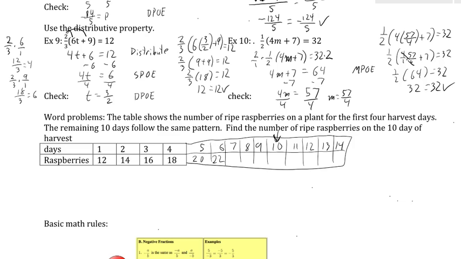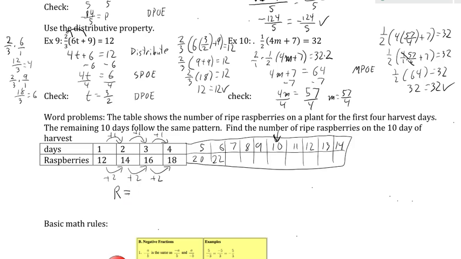We have good algebra skills, so we can see that it's plus 2 each time. We don't need to keep counting like that. We can instead use our wonderful algebra to say, well, the days and the raspberries have an equation that goes into how we can find them.